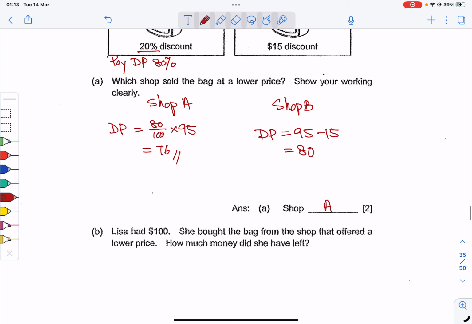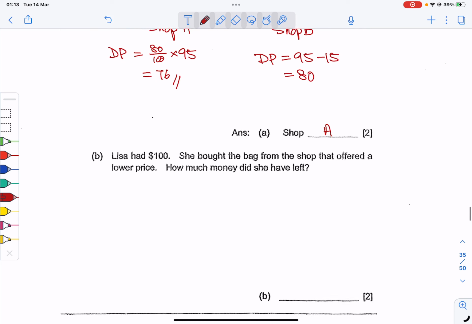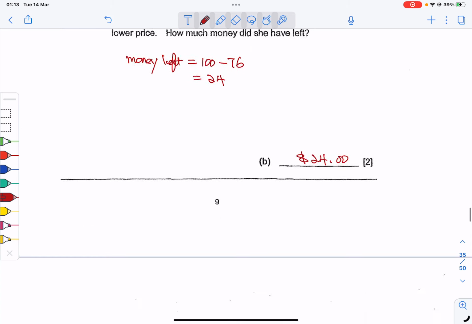So means she buy from shop A. How much money she have left? So money left will be her $100, which we pay $76, and we have $24 left. Now this is money, so you must remember to put your dollar sign.